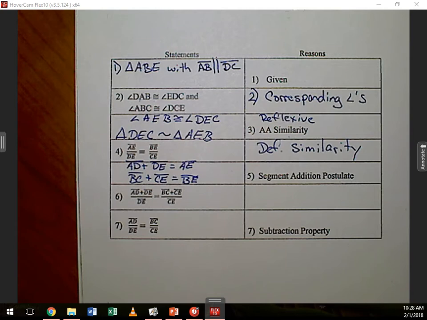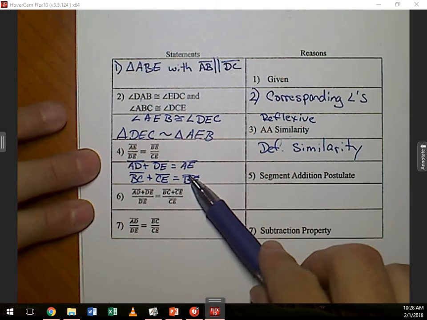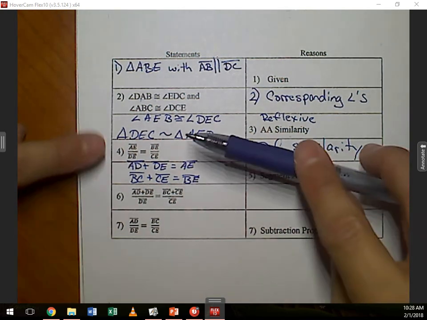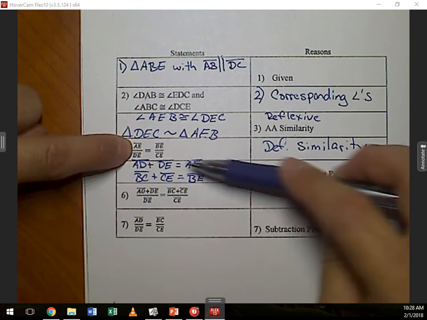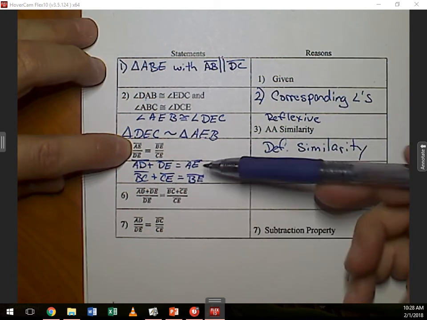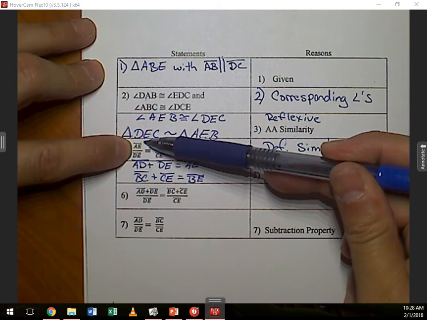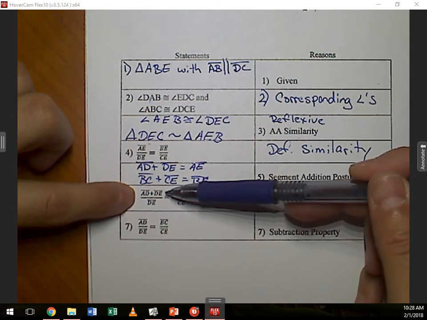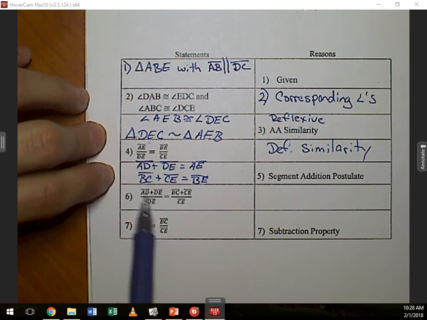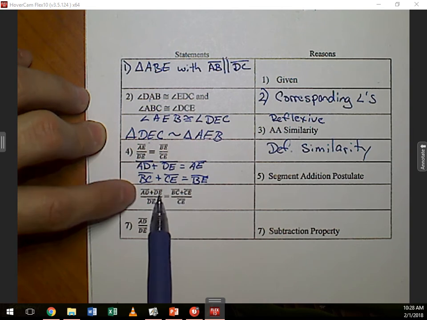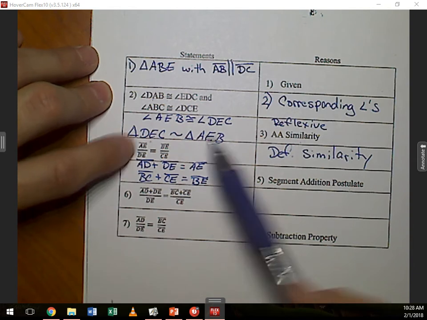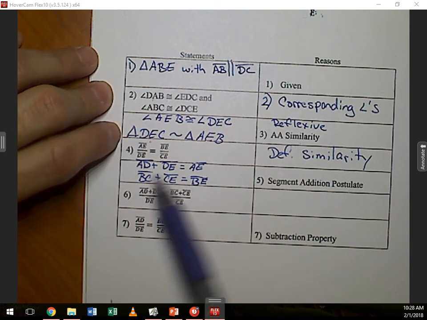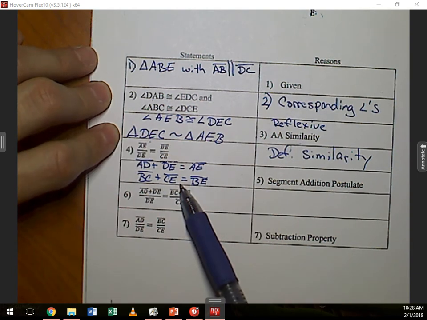Okay. So now, for this one right here, we're taking this information, which says AE is all of this, right? AE is all of this. If I look right here, this would be my AE portion, right? AD, DE, yep. Okay, over DE, and that's what I took from here, equals, but instead of writing BE, we put BC plus CE.